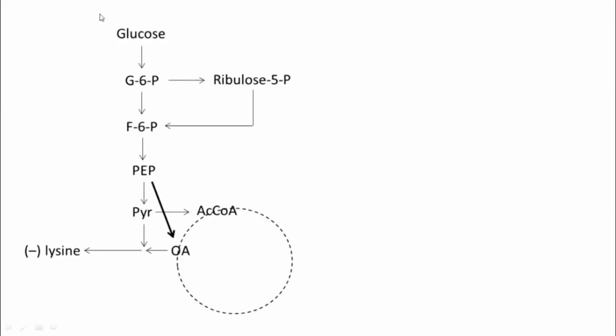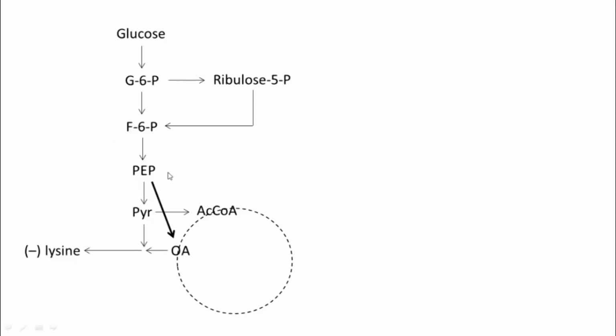So some details. This is the primary pathway that we should be interested in for lysine production. This is a part of glycolysis, glucose going to glucose 6-phosphate to fructose 6-phosphate to phosphoenol pyruvate to pyruvate. And then there is this branch point which is important here, glucose 6-phosphate through ribulose 5-phosphate comes back to fructose 6-phosphate.